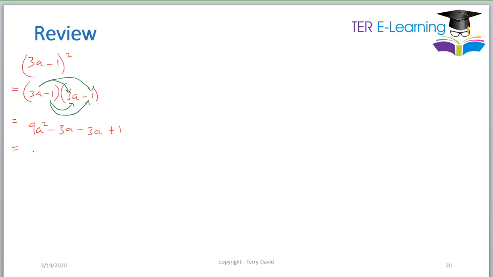So this gives me 9a squared, and minus 3a minus 3a is minus 6a plus 1. Alright, so that is one way to simplify something like this. Alright.